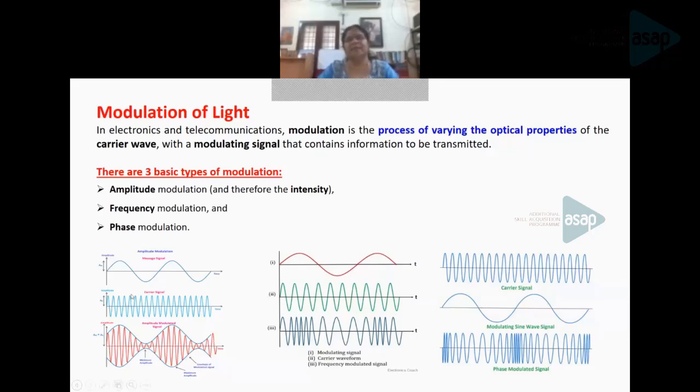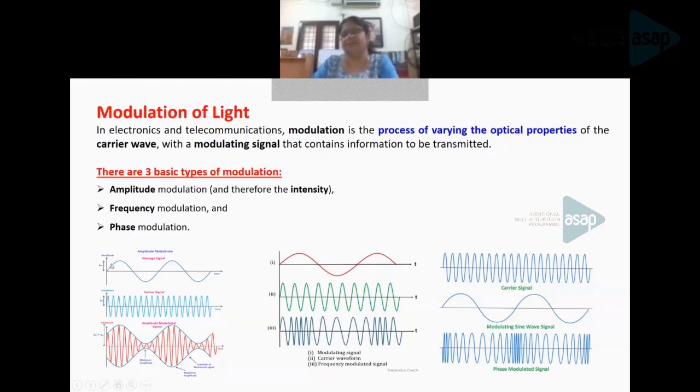Okay, so here you can see three different diagrams. There are three types of modulation. One is amplitude modulation, or in other words, we can say intensity modulation, because amplitude and intensity are related. The second one is frequency modulation, and the third one is phase modulation. These three modulations are pictorially represented here.